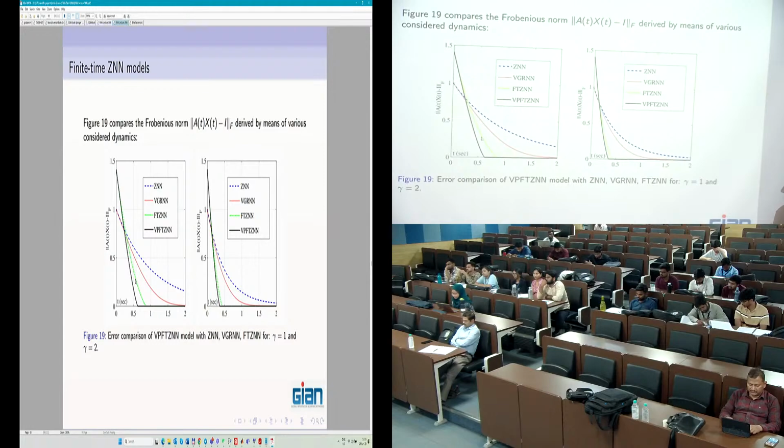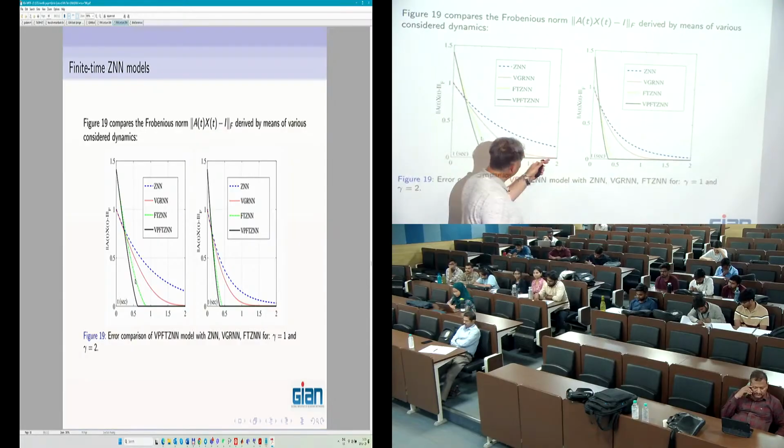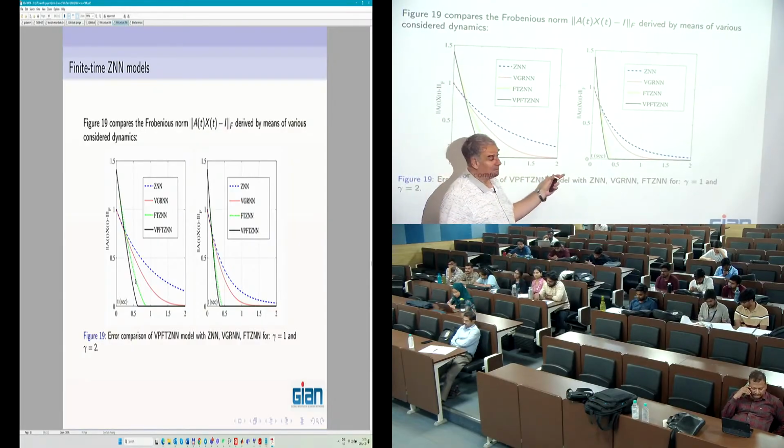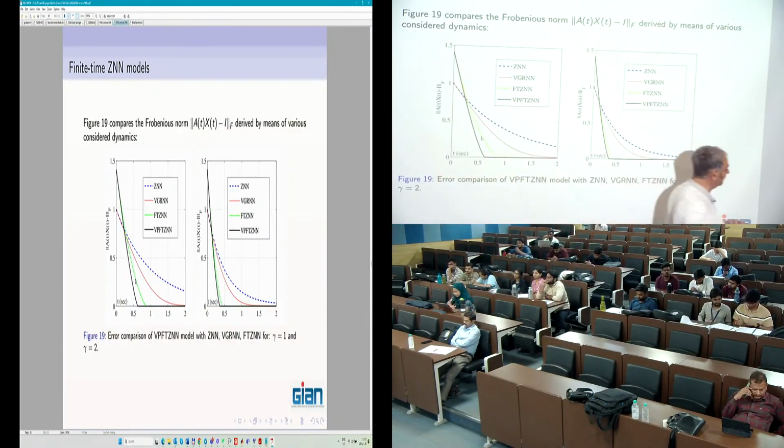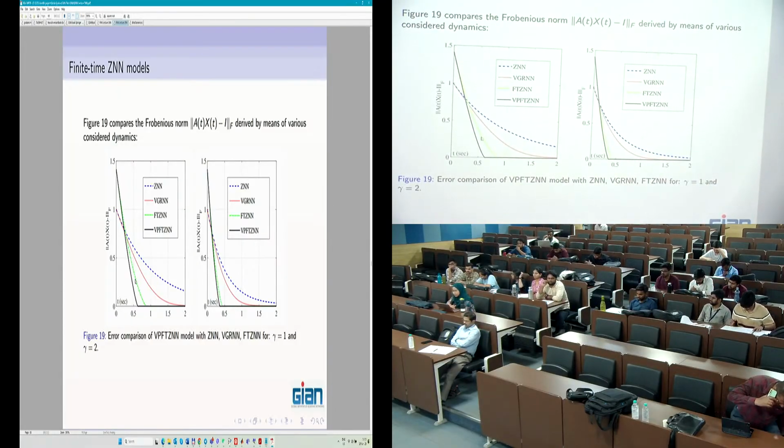Gamma equal 1 is enough, right? Gamma equal 2 is enough. For VP ZNN, but VP ZNN includes one exponential term, much faster convergence, but not finite time convergence.